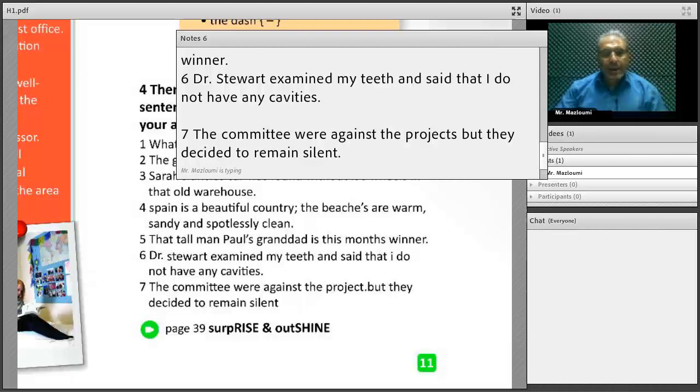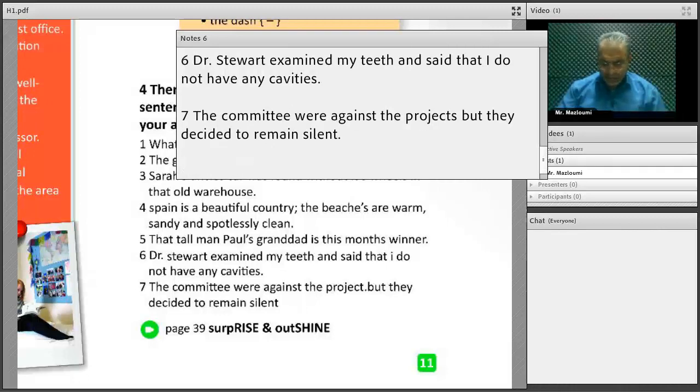The committee was against the project but they decided to remain silent. We need a comma here, because we have the word but. Of course, it can be optional in some sentences. Anyway, a comma here, and there should be a full stop at the end of the sentence.